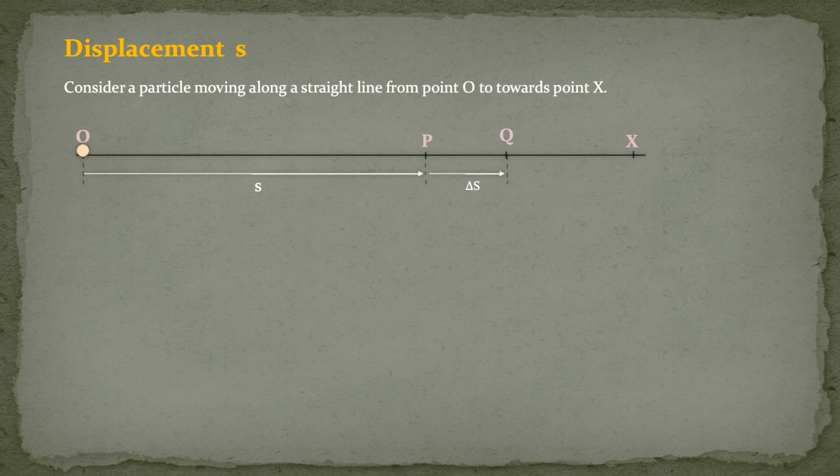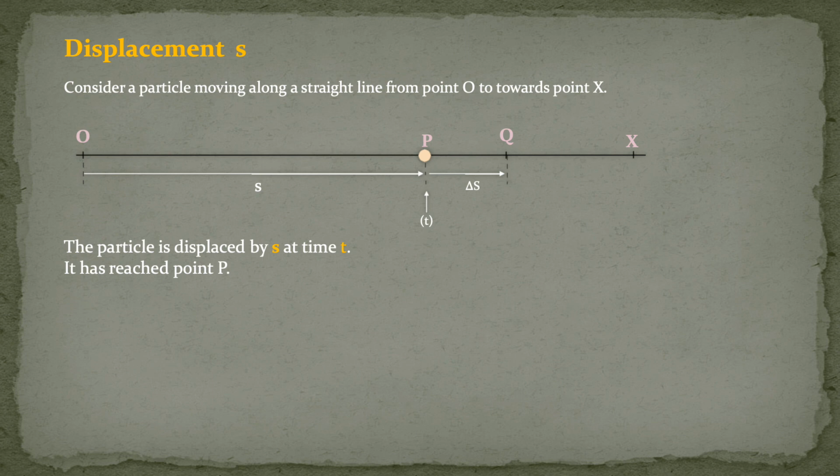At first then, let's imagine that the particle moves through a displacement s to point P. There she goes. The particle has now completed a displacement s, and it has taken a time t to do so. And it's now at point P. All well and good.